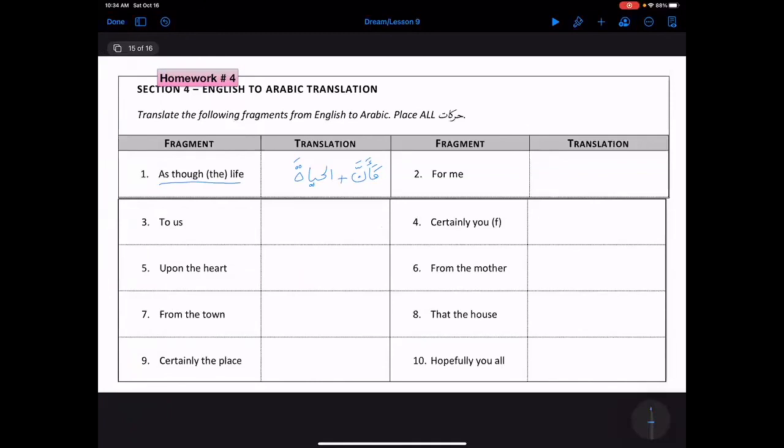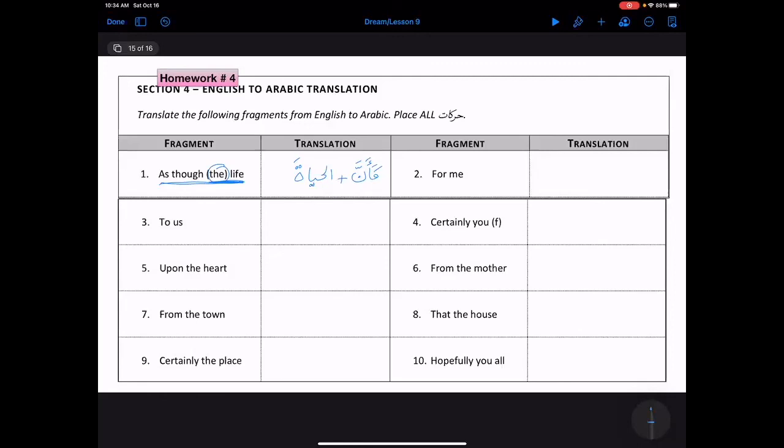Ka'anna, right? Ka'anna means as though or as if. So we're gonna have ka'anna, and then it says the life. How do we say the life in Arabic? Al hayat, right? Hayatun. And since it is saying the life, that's why we're gonna say al hayat.